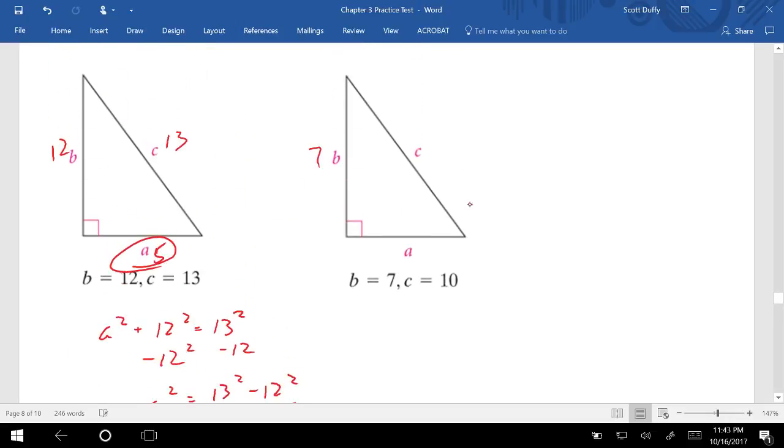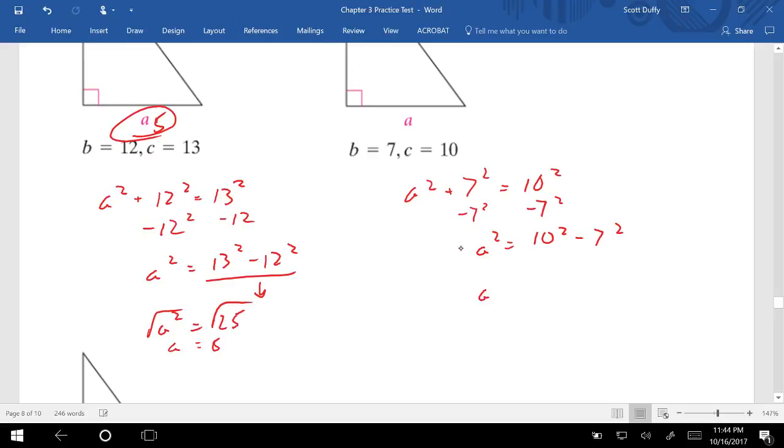B is 7. C is 10. Find a. So I have a squared plus 7 squared equals 10 squared. Subtract 7 squared right away. A squared equals 10 squared minus 7 squared, whatever that equals. Do it in your calculator.